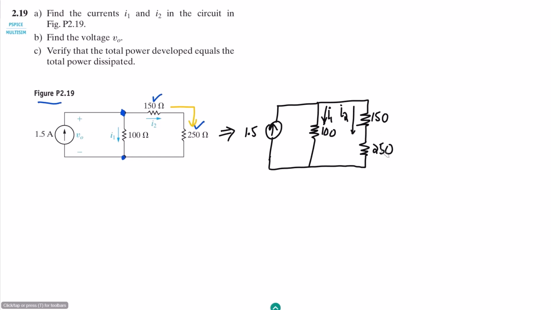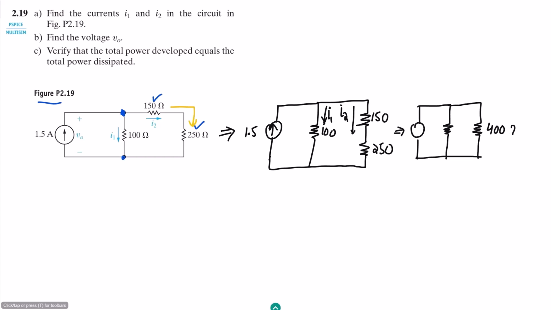As these two resistors are in series with each other, we can draw them like this: this is the source, this is the first resistor, and representing these two as a single resistor, we can add them together because in series the resistances have to be added together. So therefore 150 plus 250 is 400 ohm.